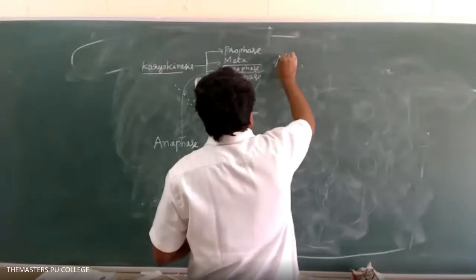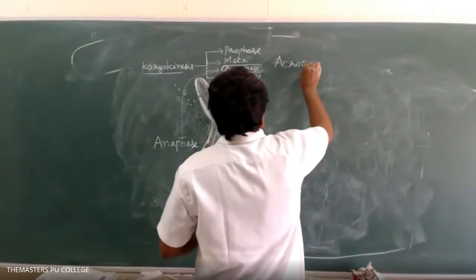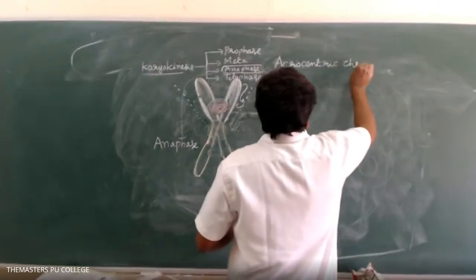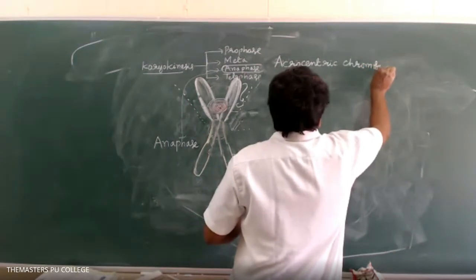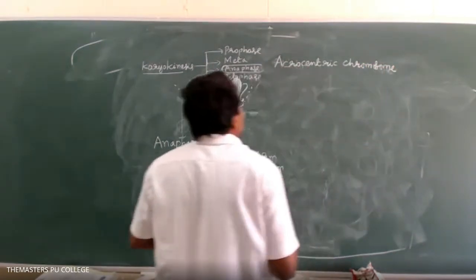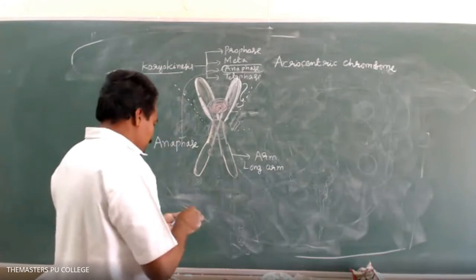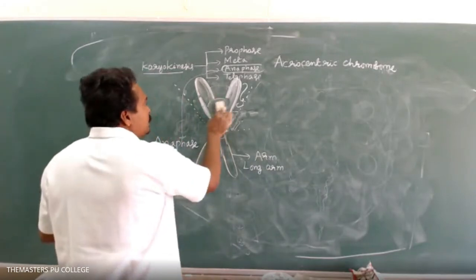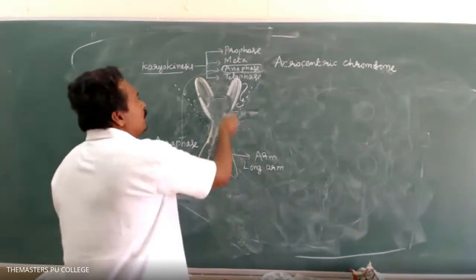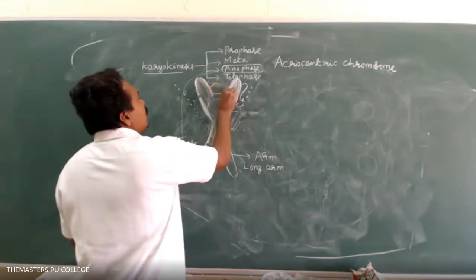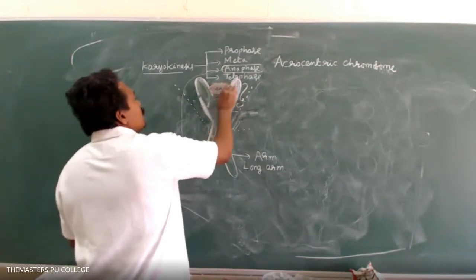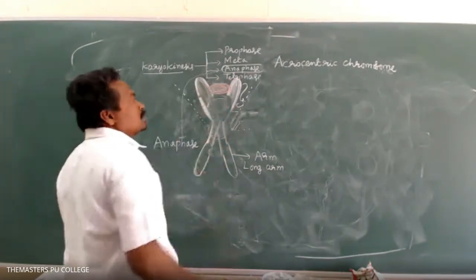Acrocentric. In an acrocentric chromosome, the centromere is located near to one end of the chromosome.